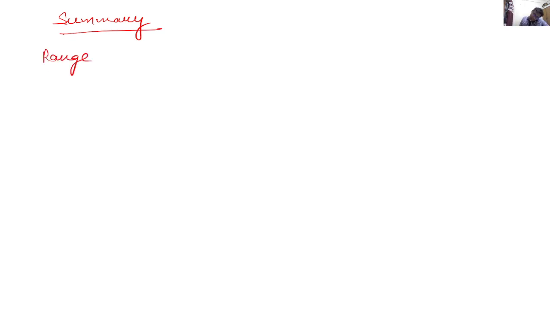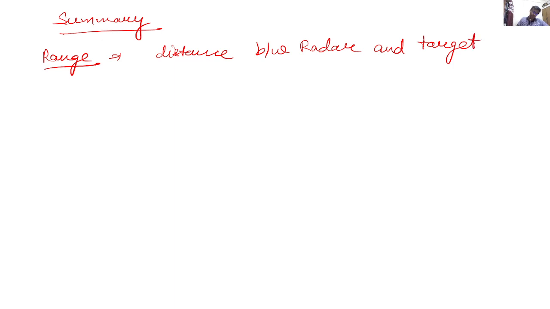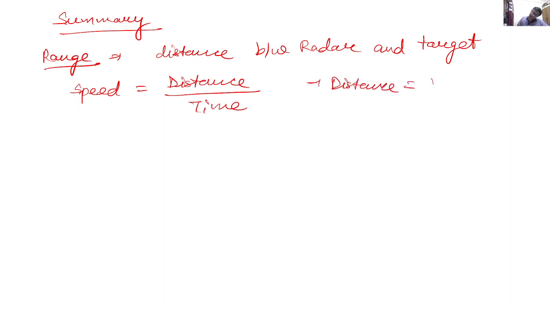Range is the distance between radar and the target. Okay, so speed equal to distance by time, and so distance will come as speed multiplied by time.